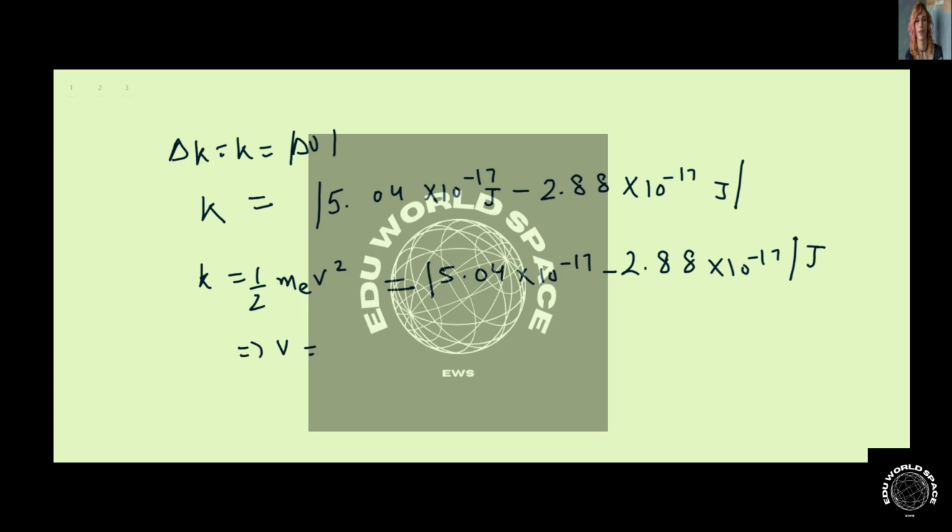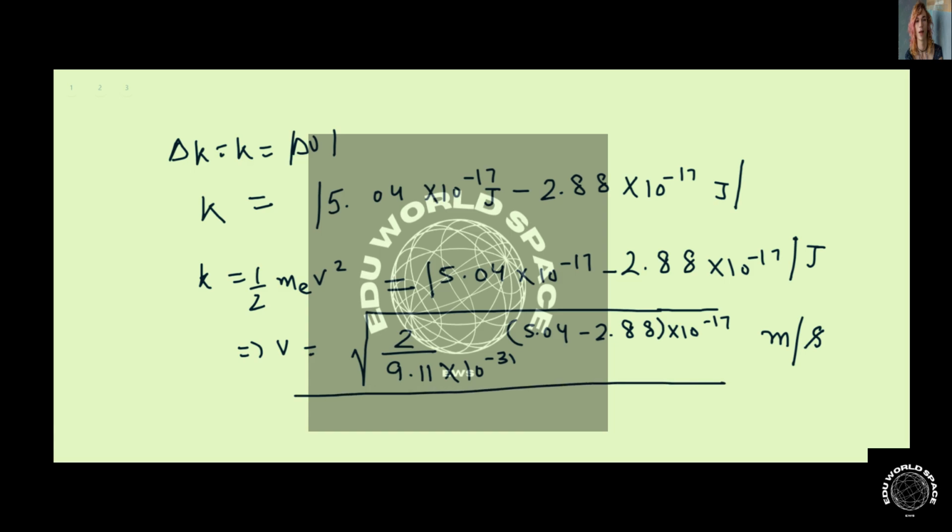So my V becomes root under 2 over m_e times (5.04 minus 2.88) into 10 raised to power minus 17. The mass of the electron is 9.11 into 10 raised to power minus 31. All right, this is in SI units, so we have meters per second.